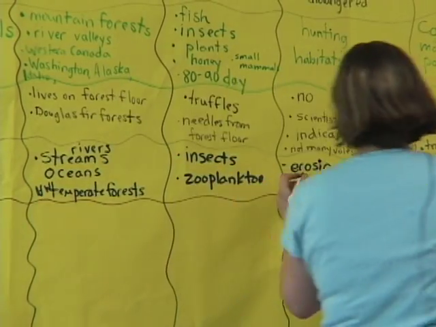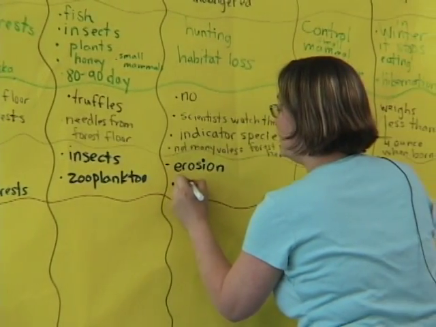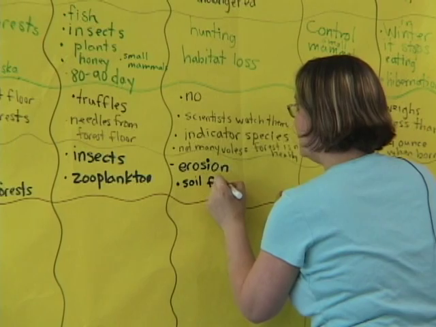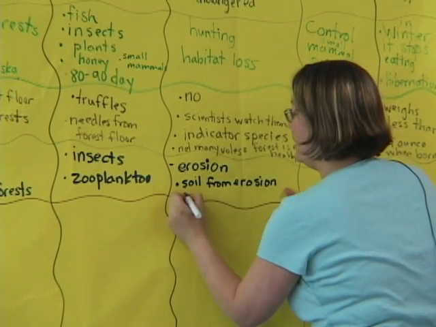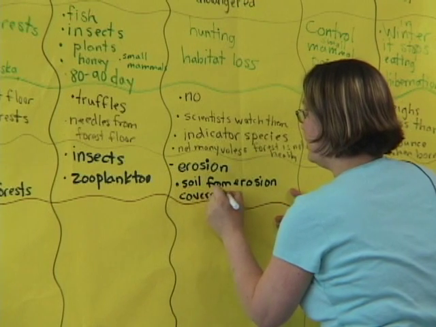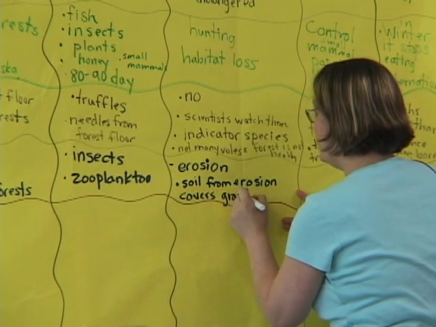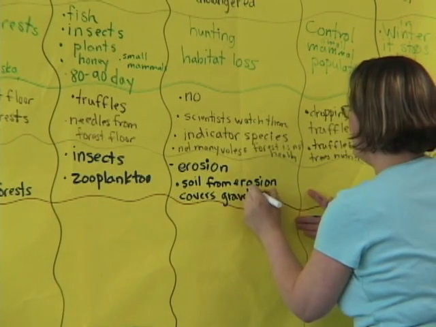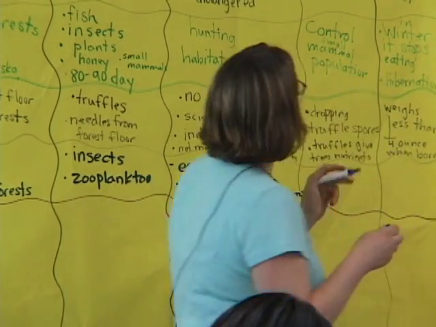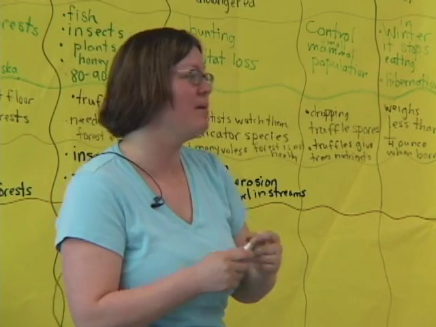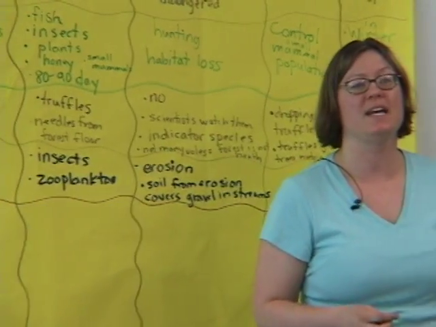The soil from the erosion, from when they log or mine, covers the gravel where they lay their eggs in the streams. Good. Next question. Why are salmon important to the forest? Ready? Heads together.